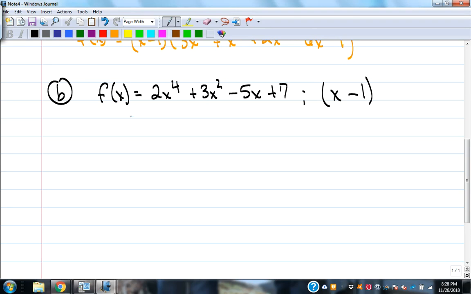So set it up. 1 goes on the shelf, 2, 3, -5, 7. Oh, back up. Got to put a 0. I got to have a placeholder for the x cubed.